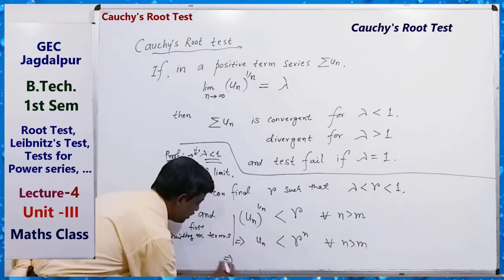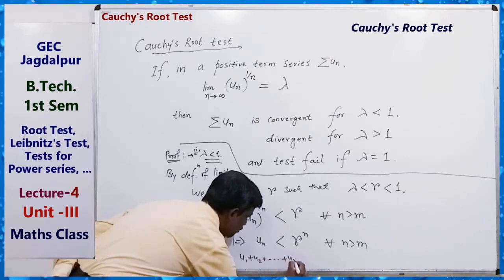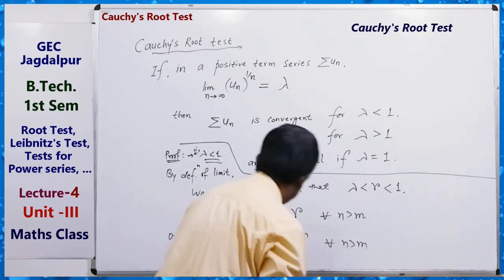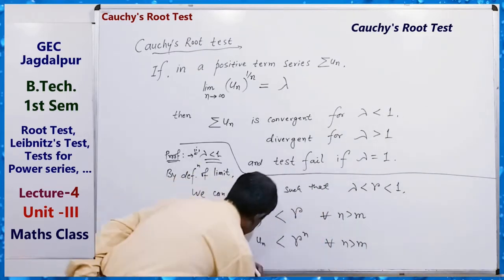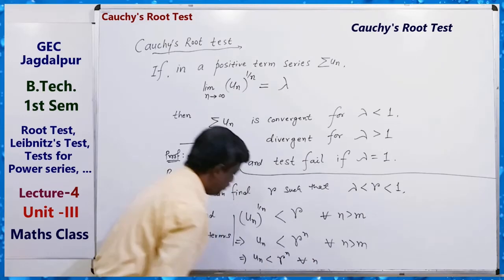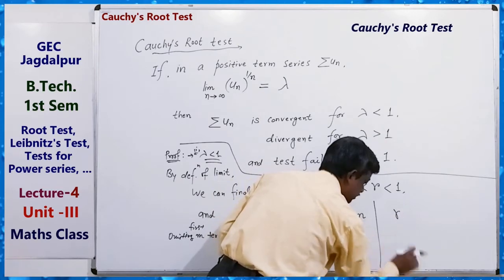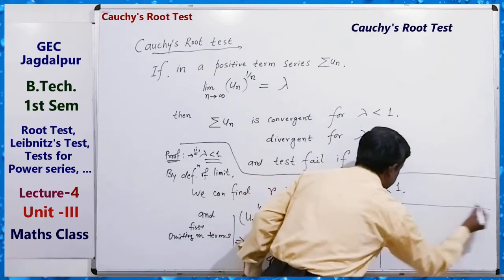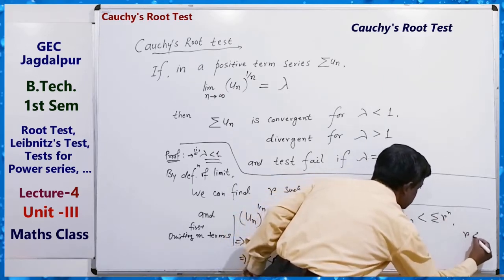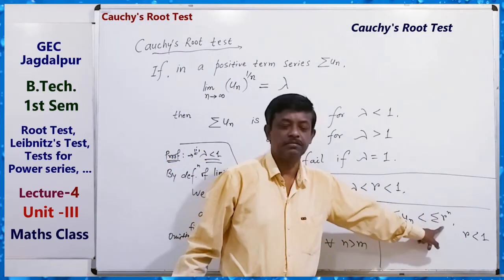What do we get? u1 plus u2 plus up to un. From here, un is less than R to the power n for all n, and from here we find that summation un is less than summation R to the power n, where R is less than 1, and we know from the geometric series that this is convergent.